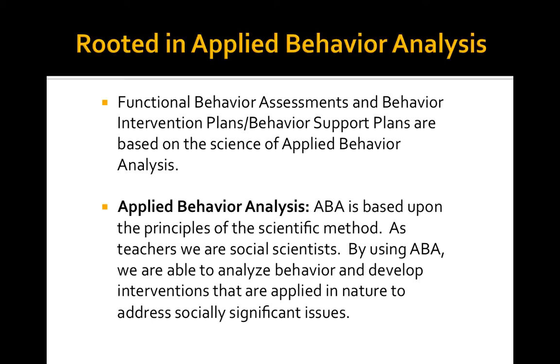And education is a field in the social sciences. So while we don't always think of ourselves as scientists, I want you to start thinking that way, because we're going to look at cause and effect relationships related to behavior, and we're going to try to figure out how we can teach socially appropriate behaviors and look at the function of behaviors.